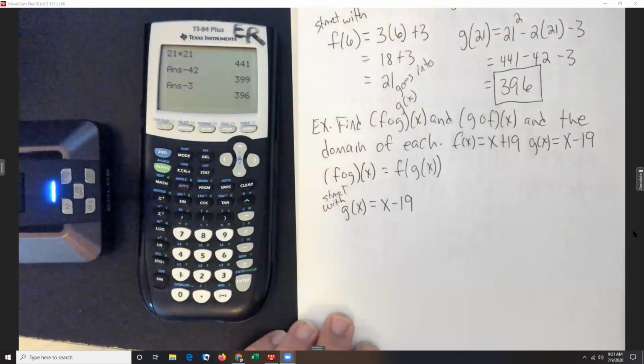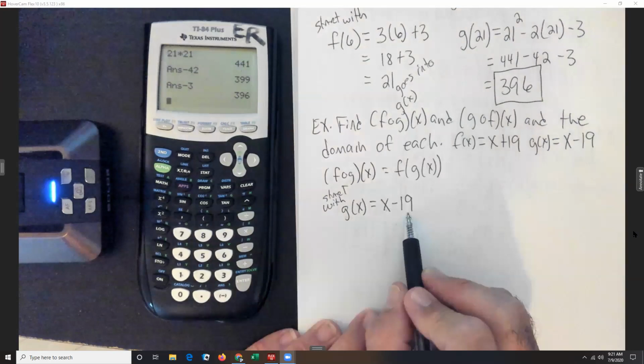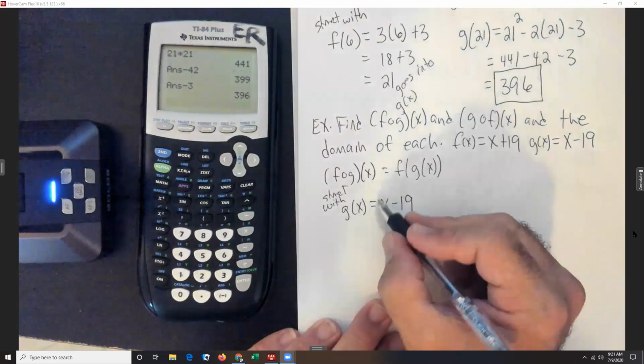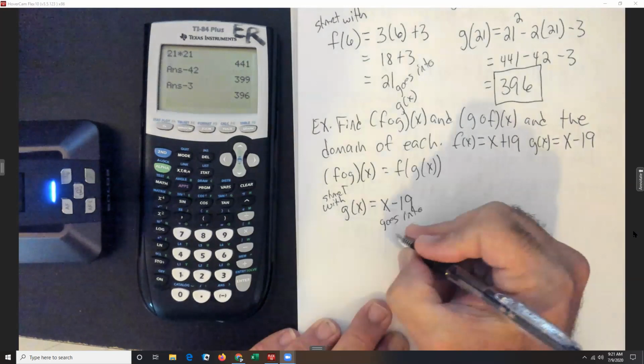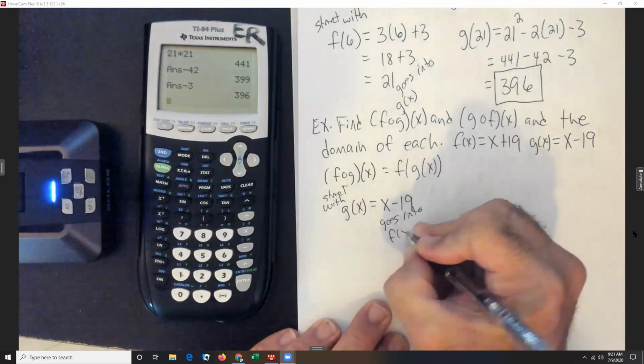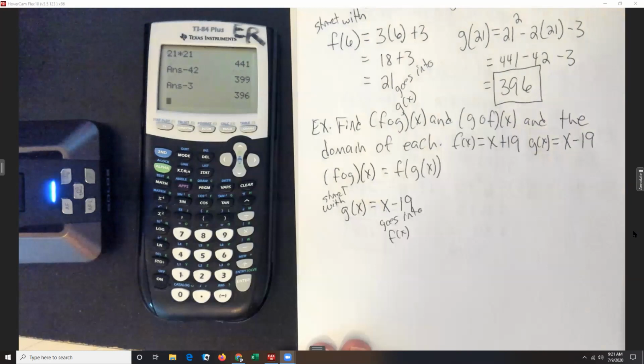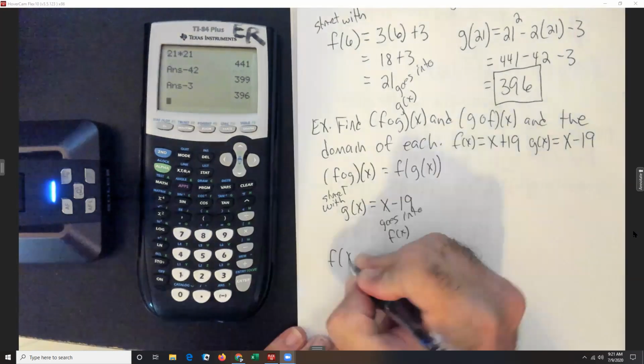So what's going to happen when you don't have a number to make this smaller? This whole thing goes into the f of x. So you're going to find f of x minus 19.